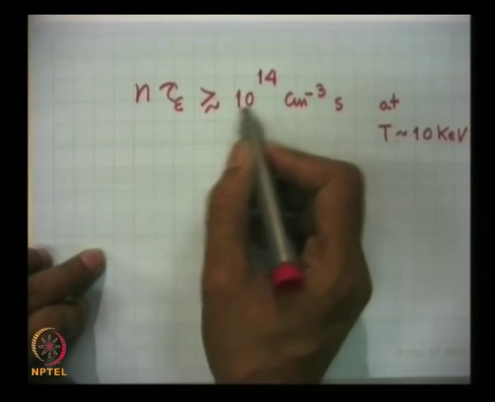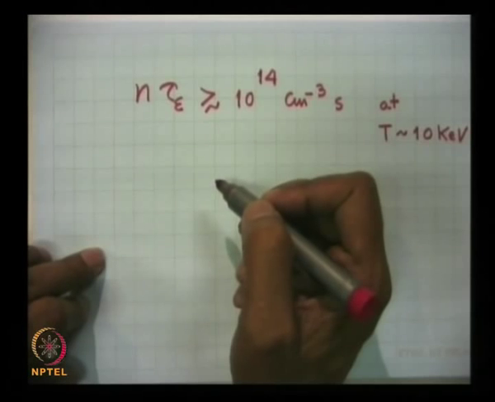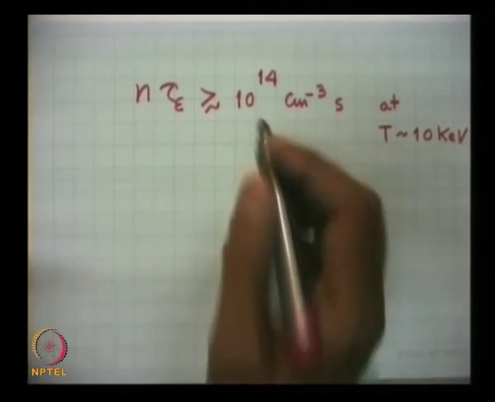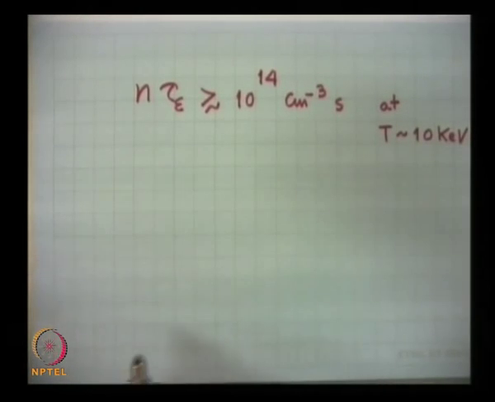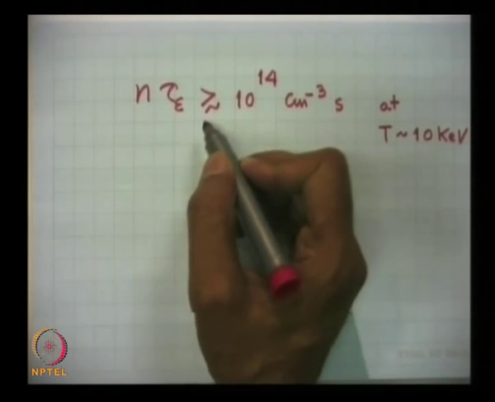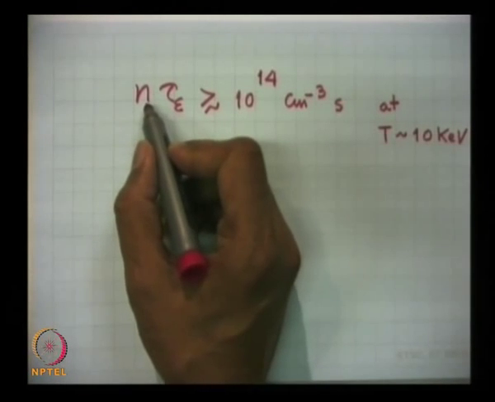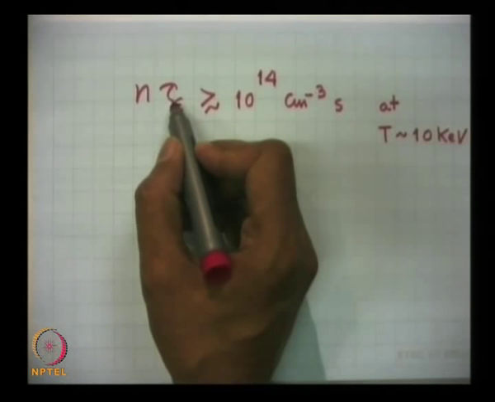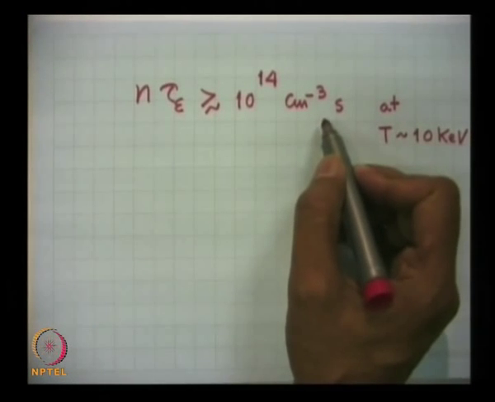At other temperatures this number will be different. But the primary goal of fusion research in the last 30-40 years has been to achieve a plasma density into confinement time product satisfying this condition.